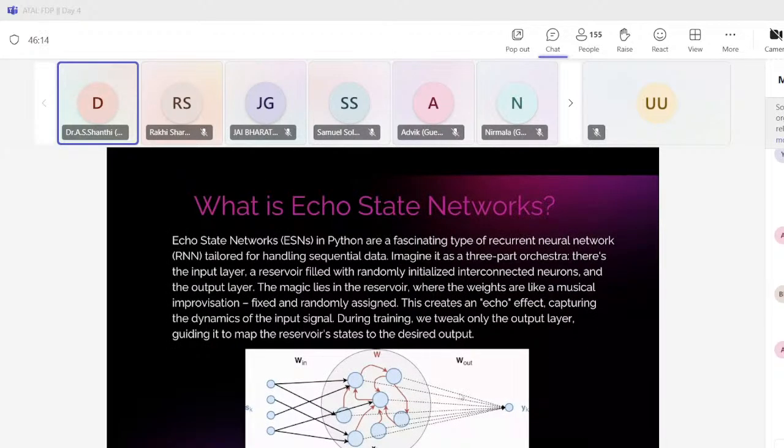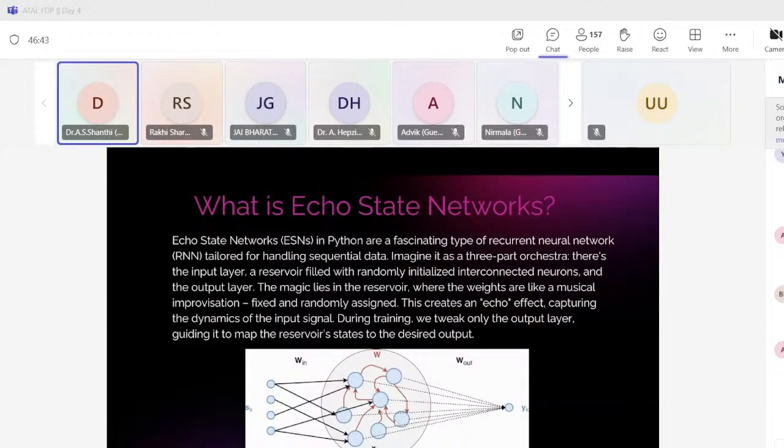So, what is an echo state network? ESNs in Python are a fascinating type of recurrent network tailored for handling sequential data. Imagine it as a three-part orchestra: the input layer, the reservoir filled with randomly initialized interconnected neurons, and the output layer. The magic lies in the reservoir, where the weights are, like a musical improvisation, fixed and randomly assigned.